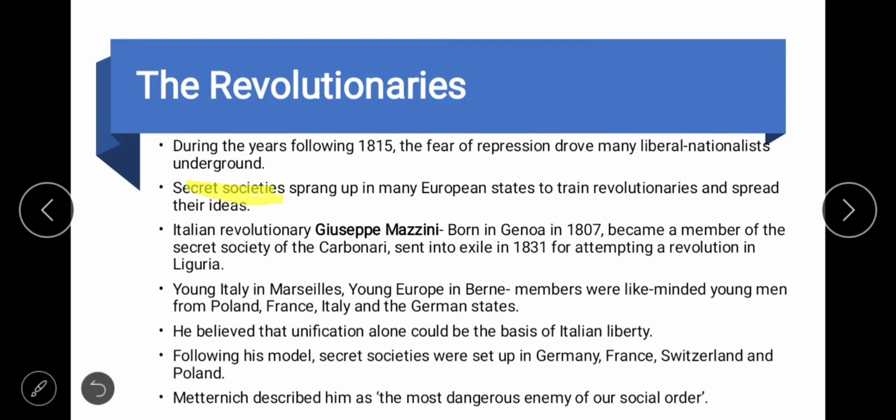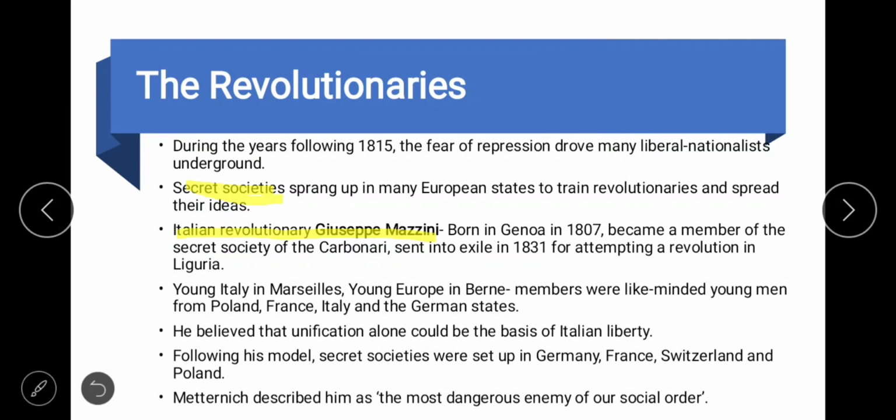It just meant that these secret societies were revolutionary, and to be revolutionary at this time meant a commitment to oppose monarchical forms that had been established after the Vienna Congress, and to fight for liberty and freedom. Most of them saw the creation of the nation state as a necessary part of the struggle for freedom. One such individual was the Italian revolutionary Giuseppe Mazzini.